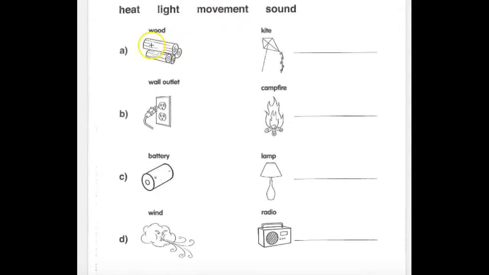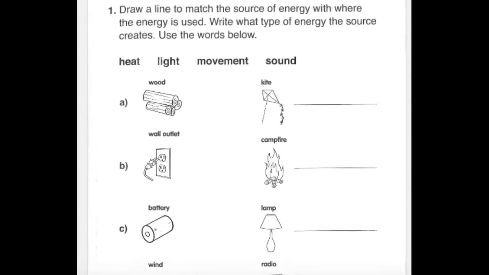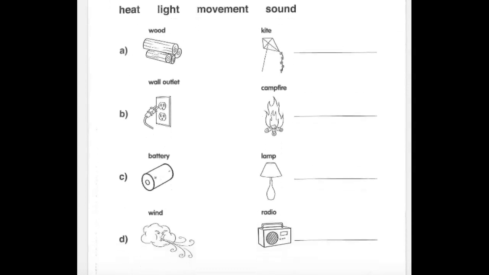So our first one is wood. What does wood help do? Does it fly a kite, make a campfire, lamp, or radio? Which object source is wood for energy? It is wood goes to campfire.